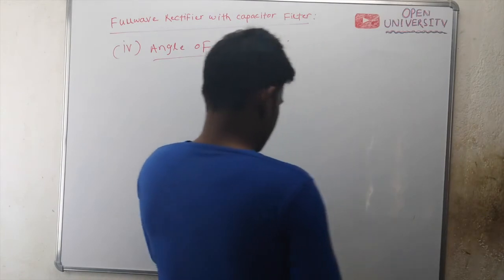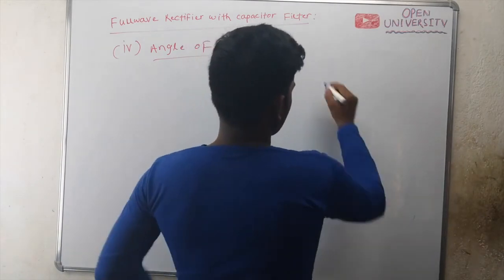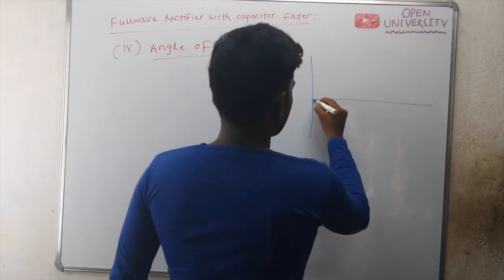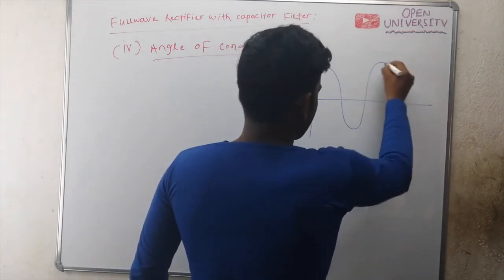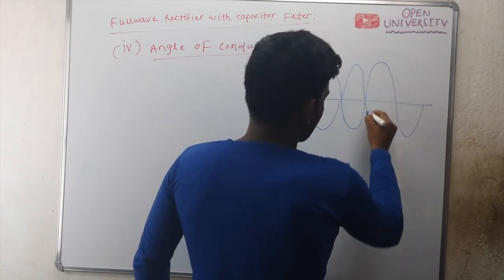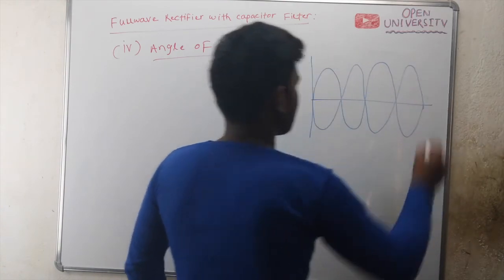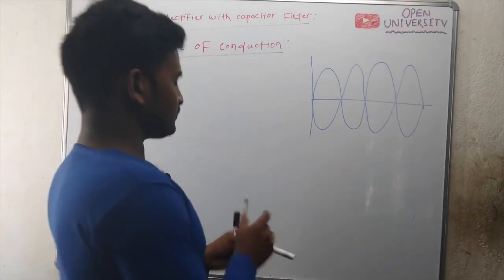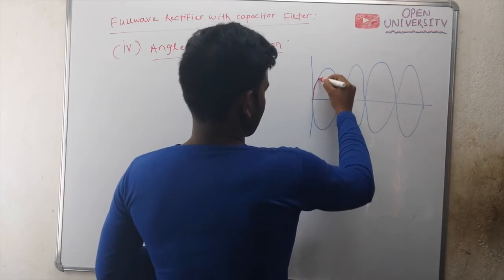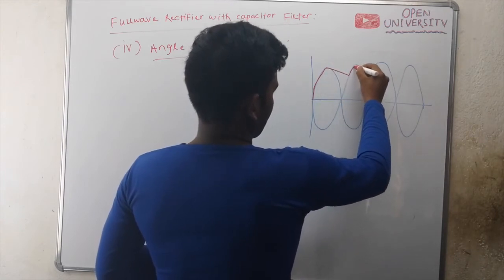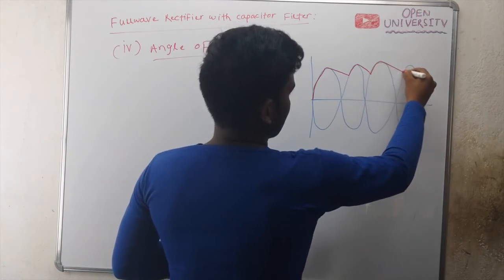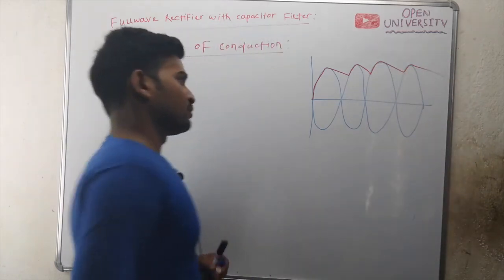See, this is your input output waveform. This is VA and this is your VB, and this is your output waveform.